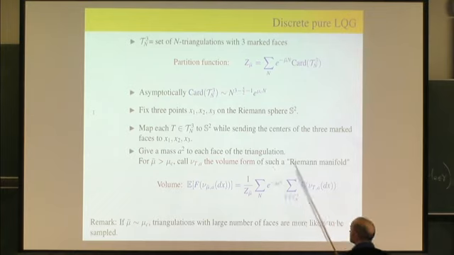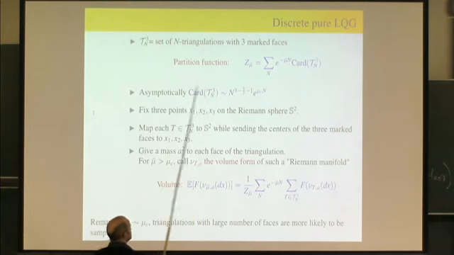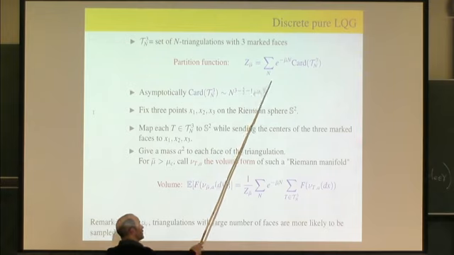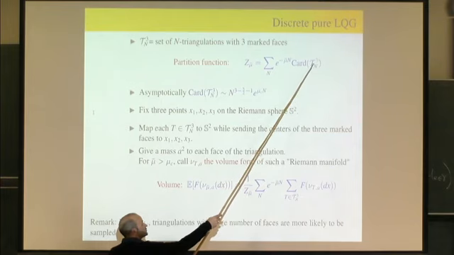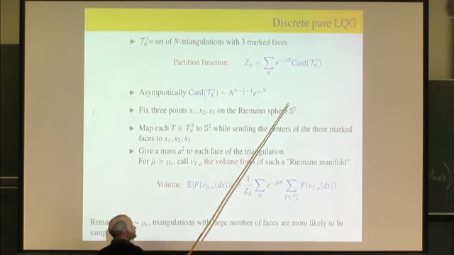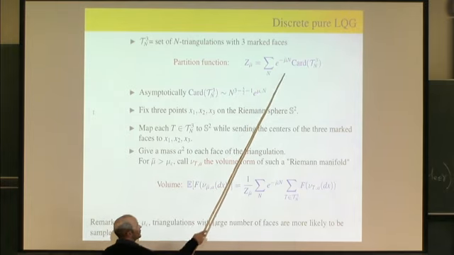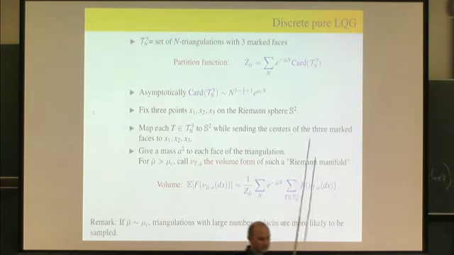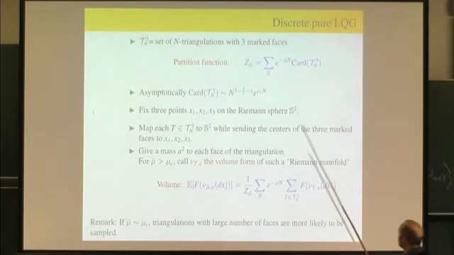On triangulations, you just consider the partition function here. Here you have a sum over n. Here you have the cardinal of the set of triangulations with n faces and 3 marked faces. And here you just weight by this exponential term, so in some sense you weight by the volume of your triangulation. n is the number of faces, and it looks like the volume of your triangulation.